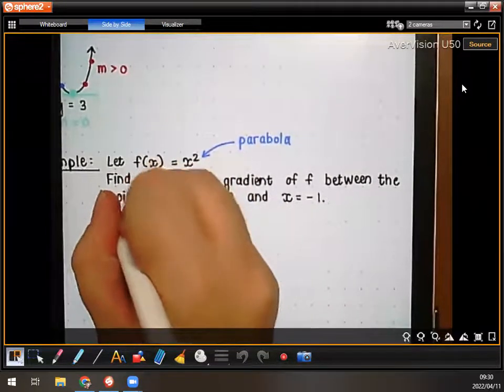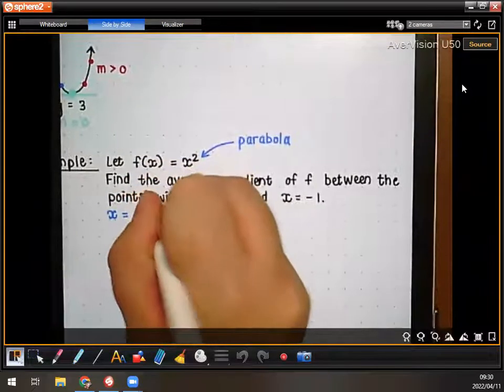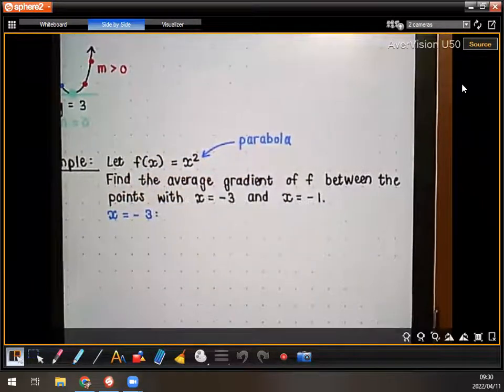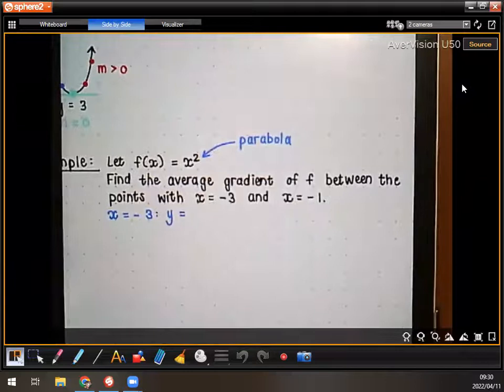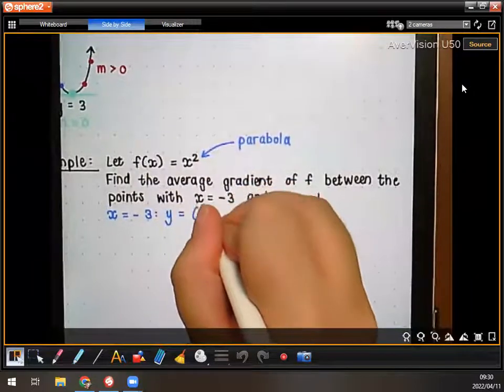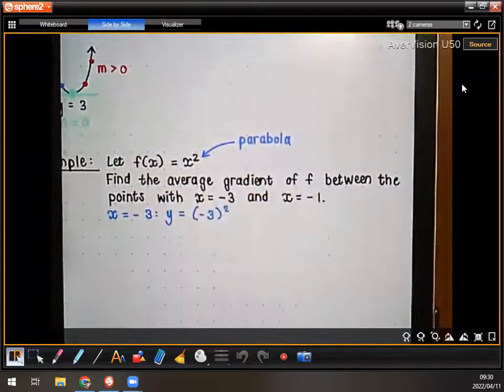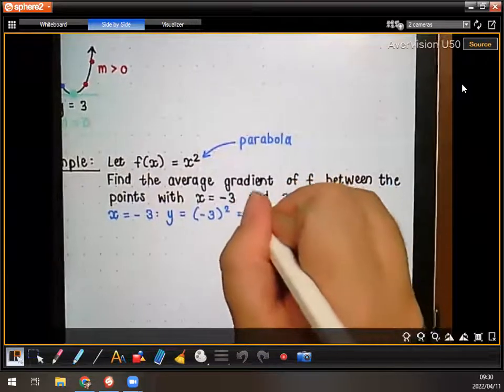So when x is equal to -3, we're going to have to use the equation of the graph to find the y value at that point. So when x is -3, y is going to be equal to x squared, -3 squared. And what is that? 9.